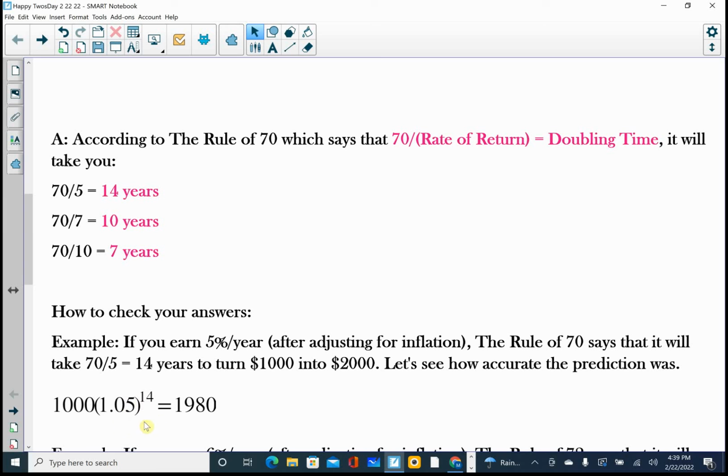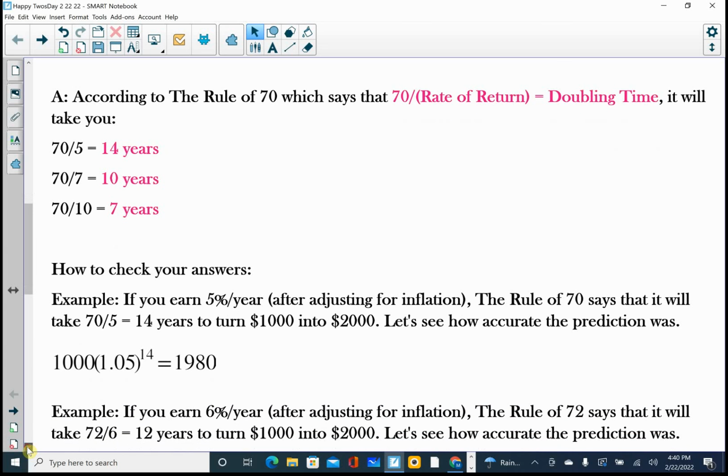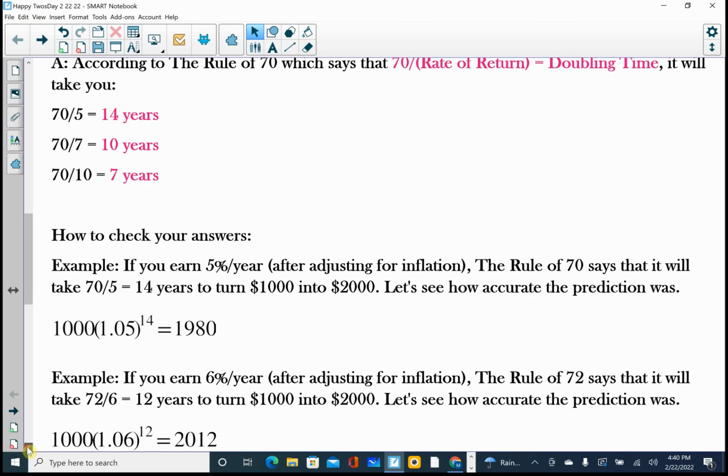You raise that to the 14th power. This is right out of the compound interest formula. For annual returns, you take your original money times 1.05 to the 14th power, and that'll give you just a hair under $2,000. So that prediction worked out nicely. Let's try the next one. If you make 6%, 6 goes into 72 nicely, so you'll use the rule of 72. 72 divided by 6 is 12 years.